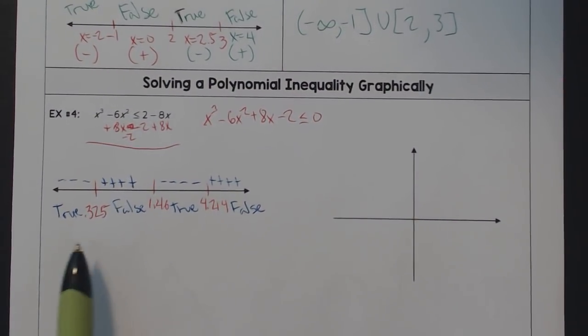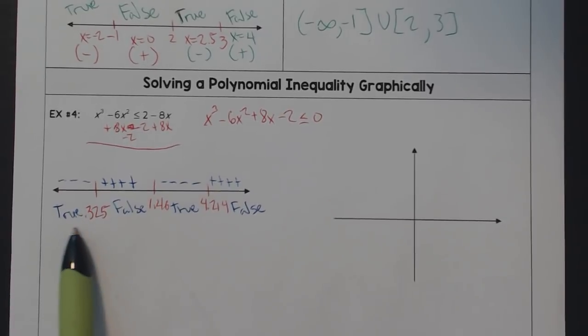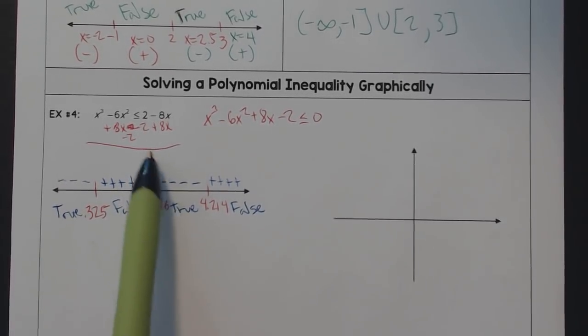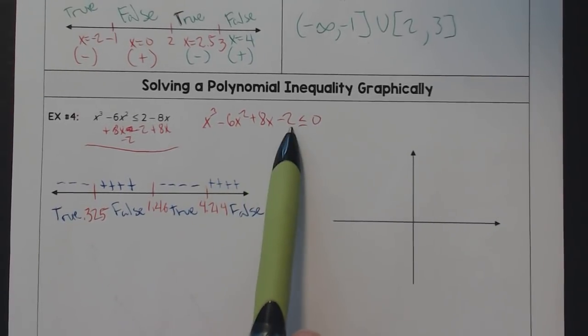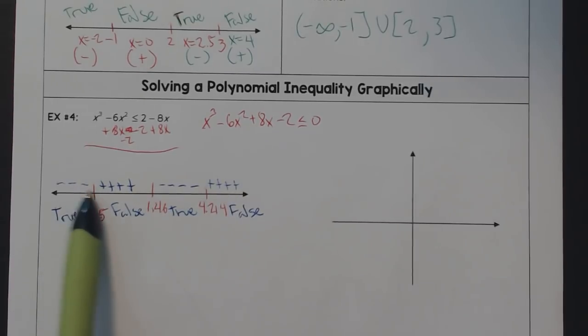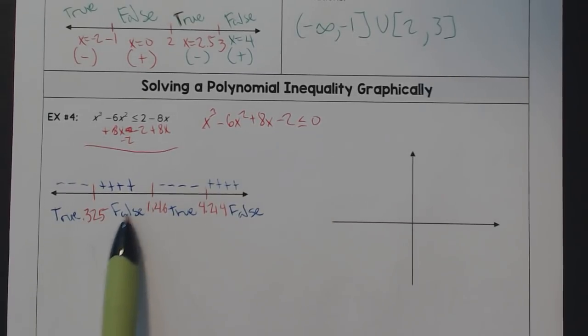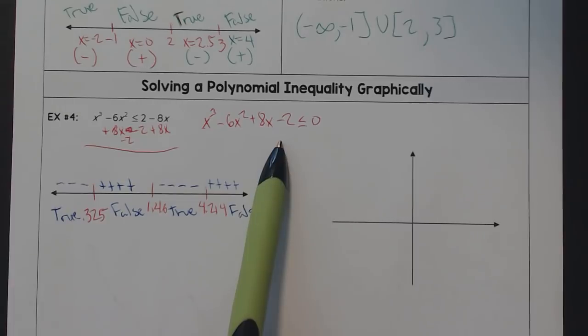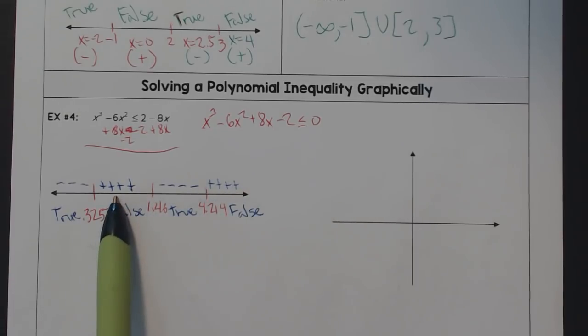Again, I didn't show the work for this, but all I did was pick a number less than 0.325. A nice easy number is 0. You plug in 0 here, you get 0, 0, negative 2, which is less than 0. That's a true statement, so we put negative signs. Here I picked a value of 1, plugged 1 into all the x's, and I find out that I get a positive number.